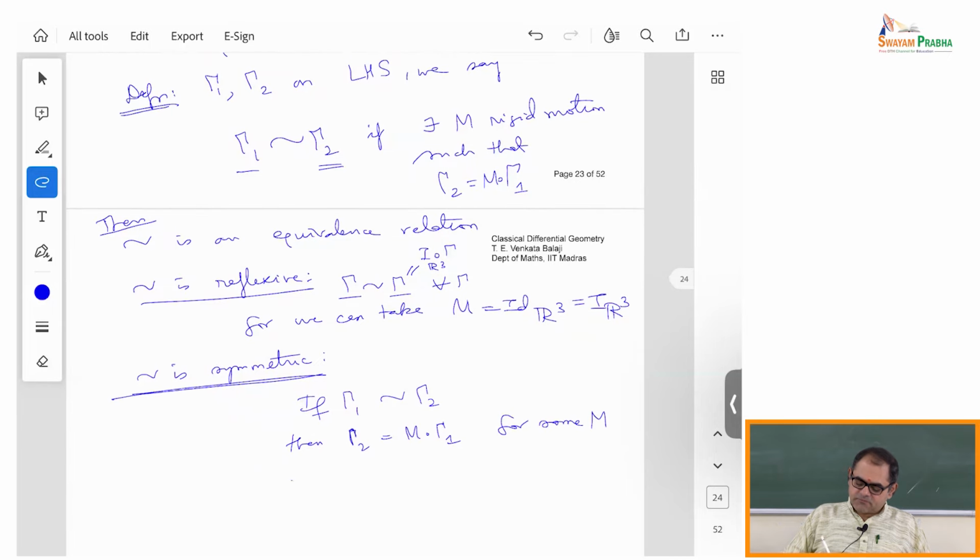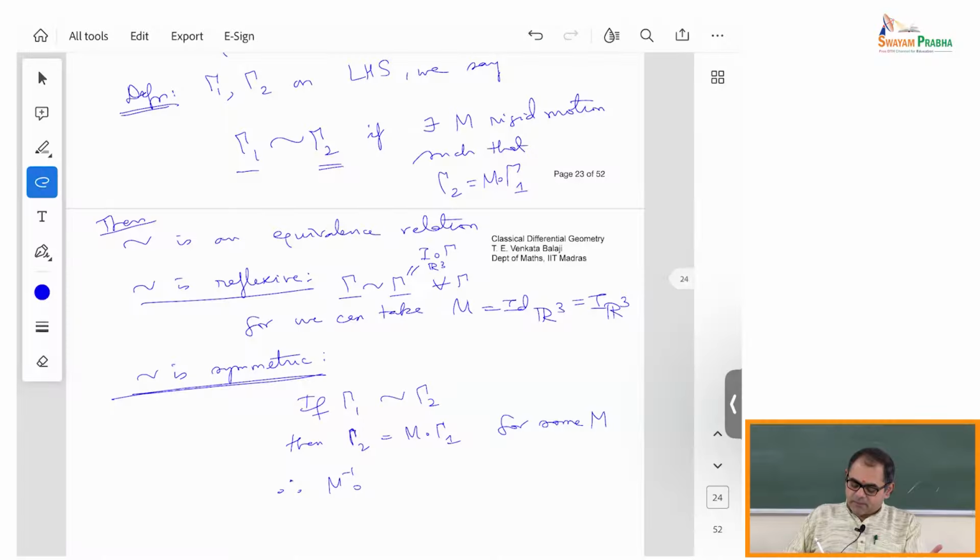Now you use this important fact that all these rigid motions form a group. In particular, every rigid motion has an inverse, which is also a rigid motion. And if you recall, that came from linear algebra. So the point is that you apply m inverse circle on both sides, where circle is composition.